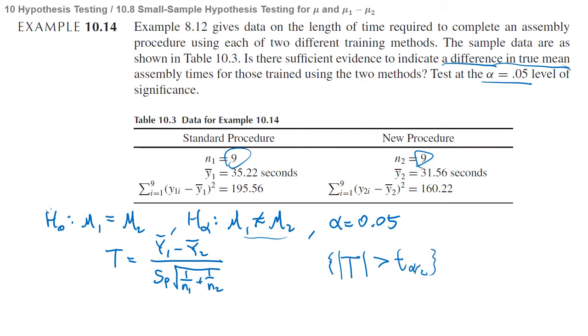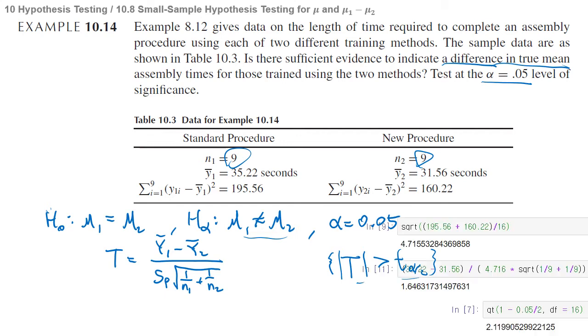So this is our rejection region, and the next thing is to calculate the test statistic and do the conclusion. I did it using R. This is the calculation for the pooled standard deviation Sp, this one is the calculation of t, and this one is the calculation of t alpha over 2.